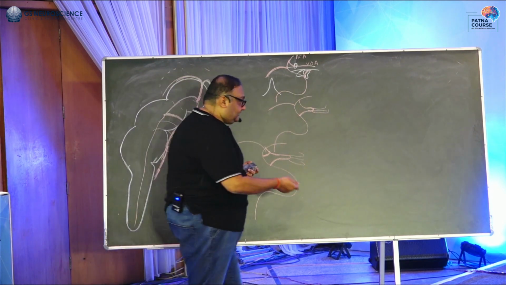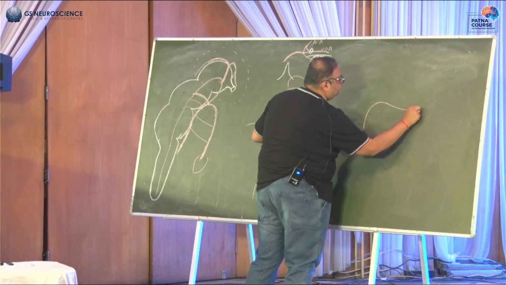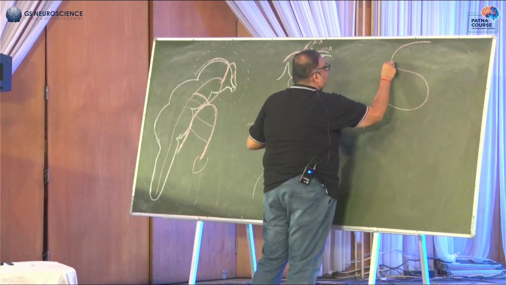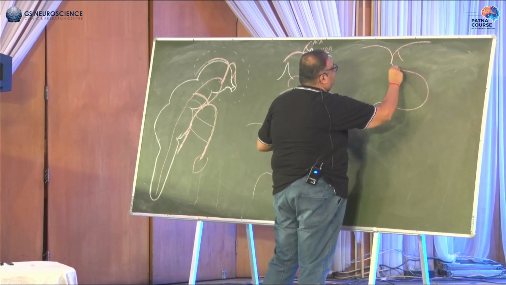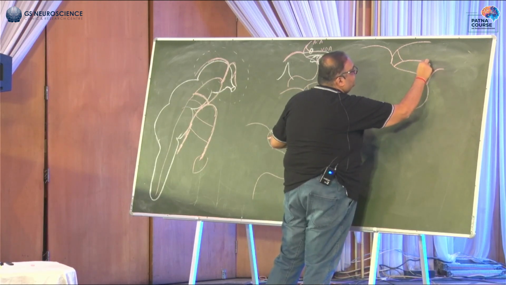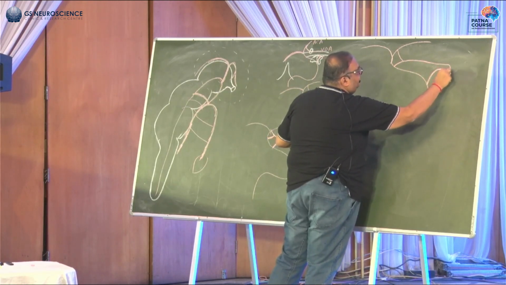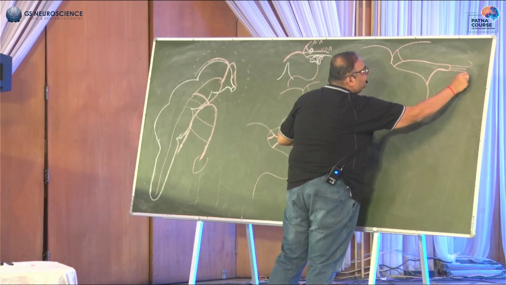For example, in the next stage, we have this, and we have this. And we have a ring, we have the central retinal artery, we have the long ciliary.